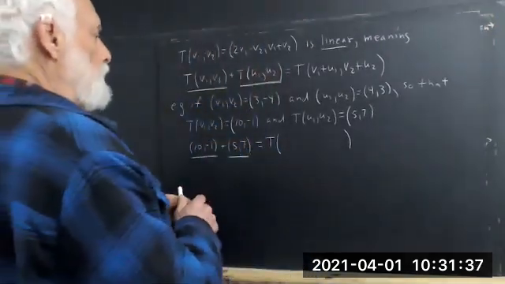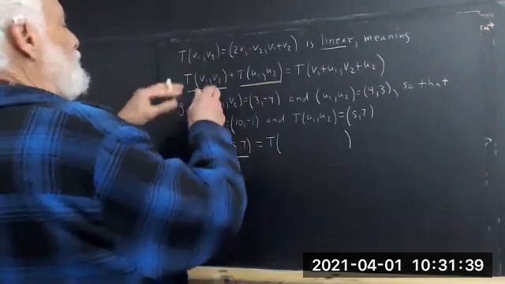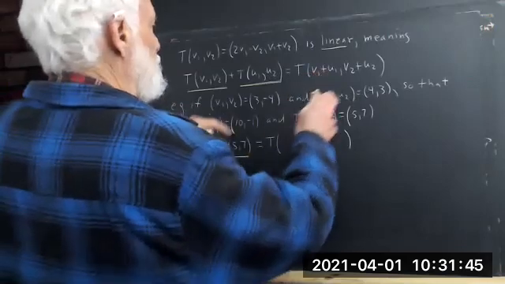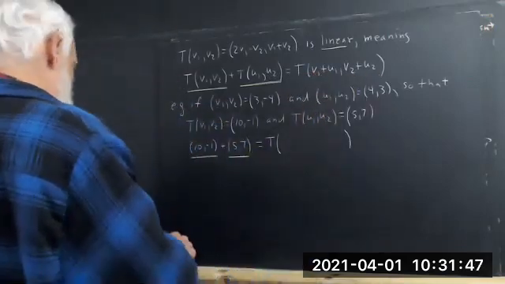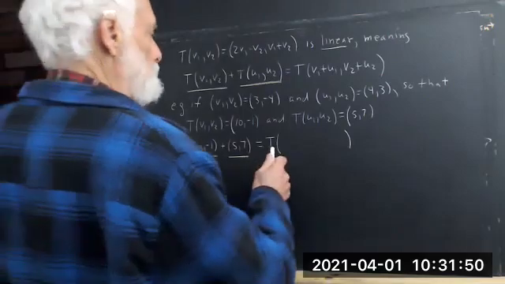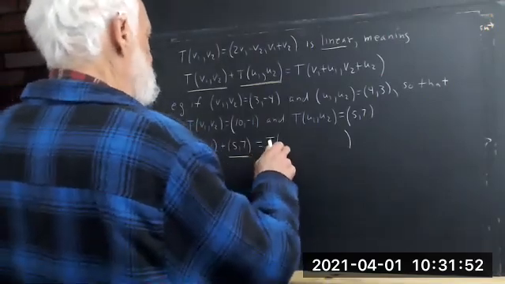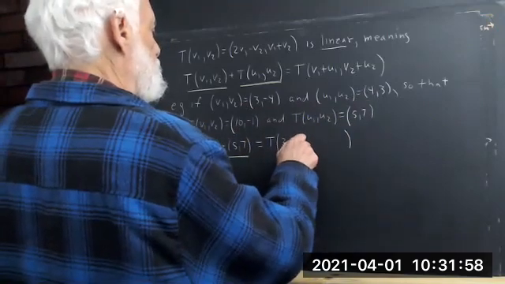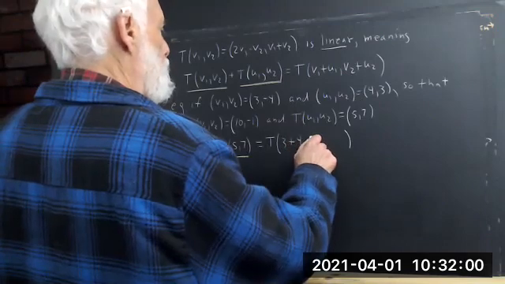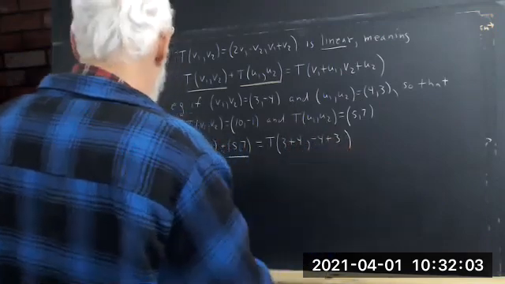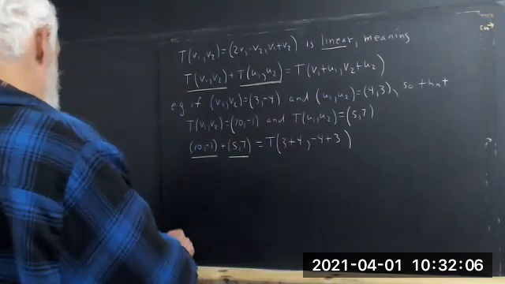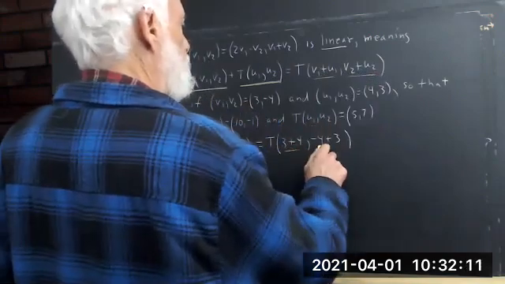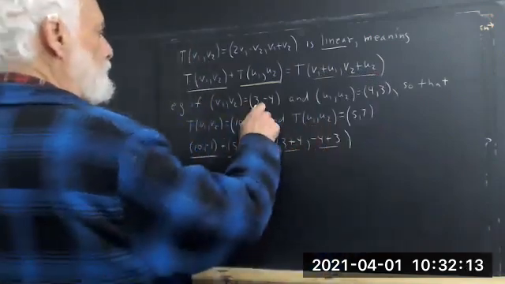Is that equal to what I get if I transform V1, V2 plus U1, U2, which is V1 plus U1, V2 plus U2? And I'm going to write that out. This would be the transformation of this vector plus this vector, which is 3 plus 4, negative 4 plus 3. Okay, so here and here are these components.